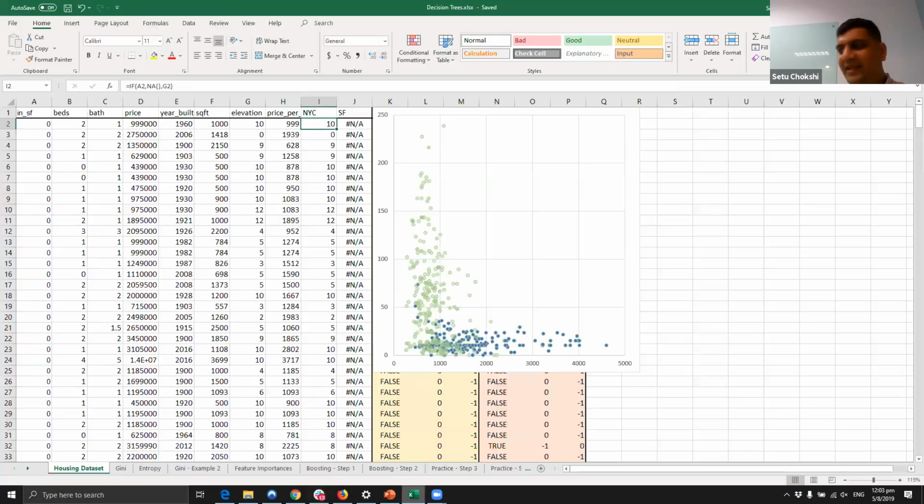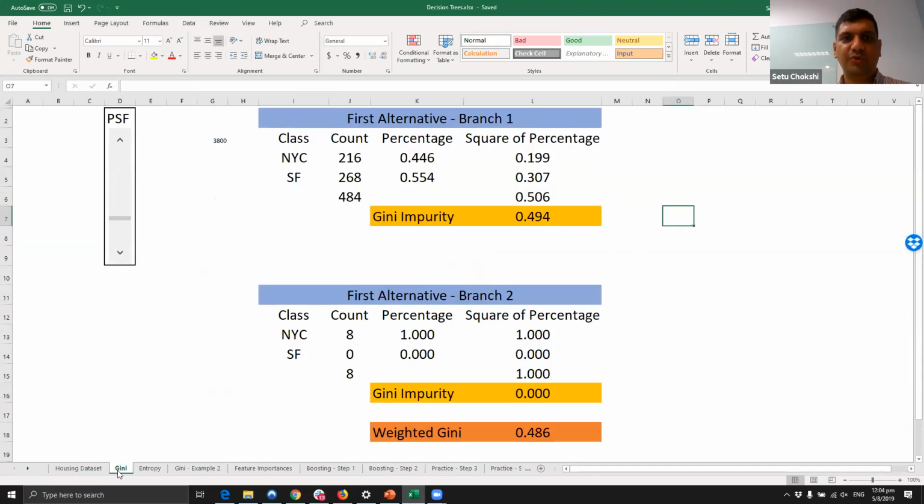All right. While it's being posted on Slack, it's the same data set that you saw earlier. I wrote up some formulas that will allow us to play around with it. And I'm going to go through the Gini index. And then I'll download the Excel spreadsheet in a moment.